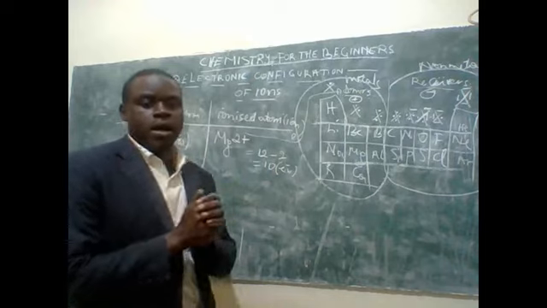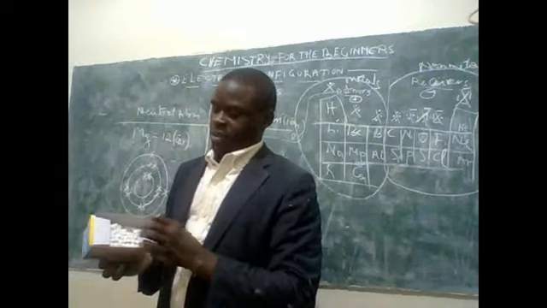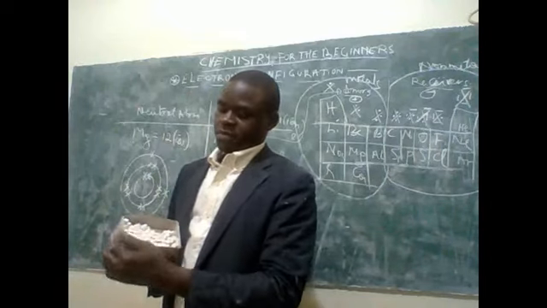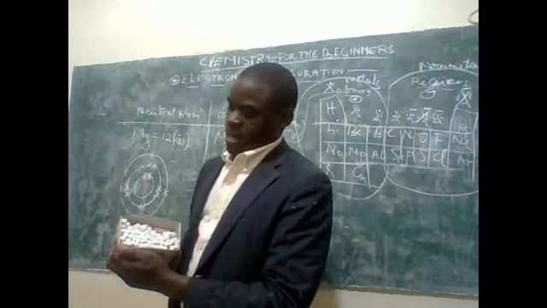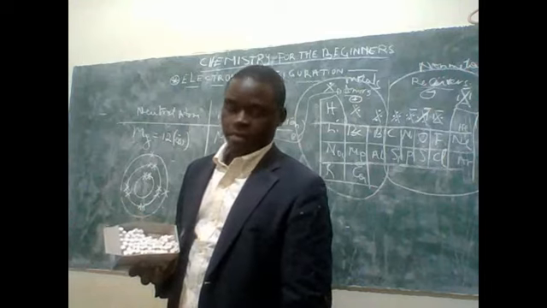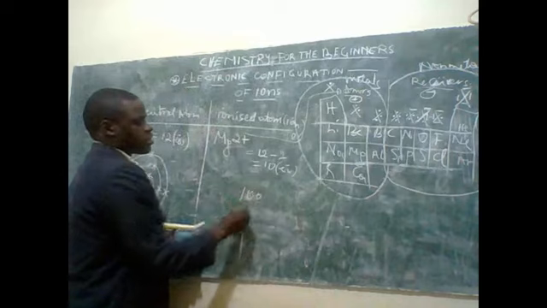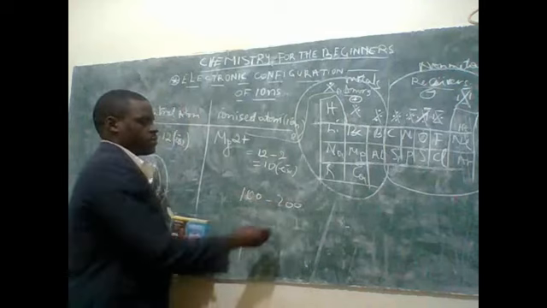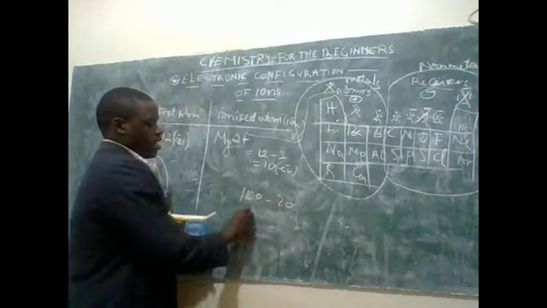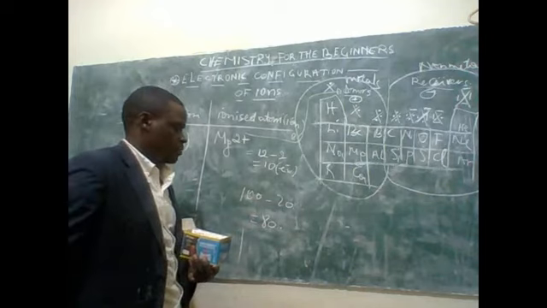For example, if this box was holding 100 chalks, and now I have removed 20, it remains with 80 chalks.